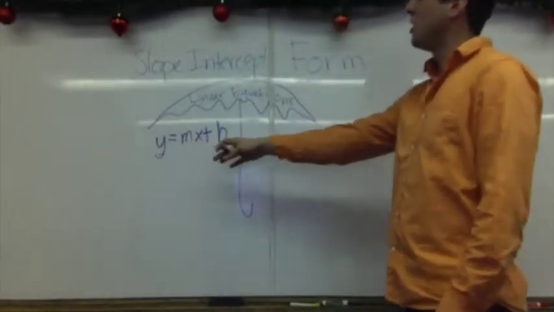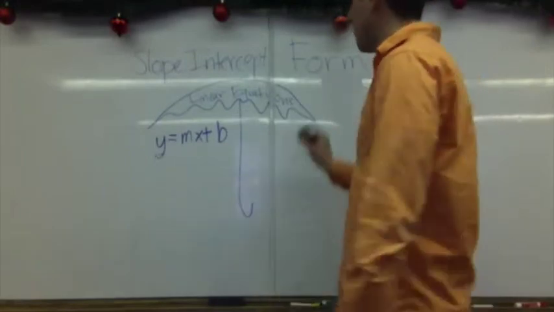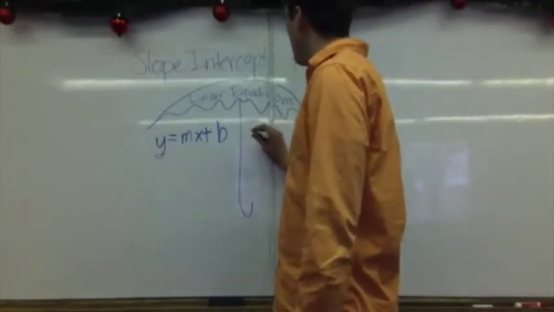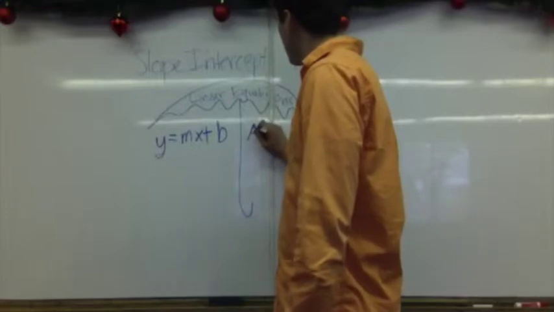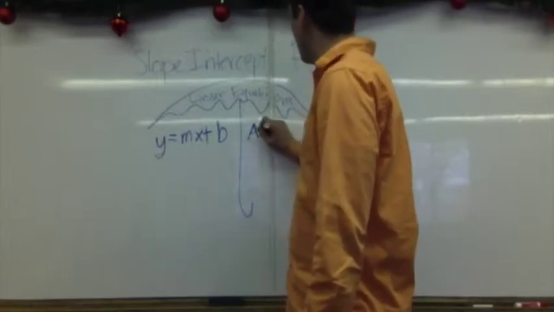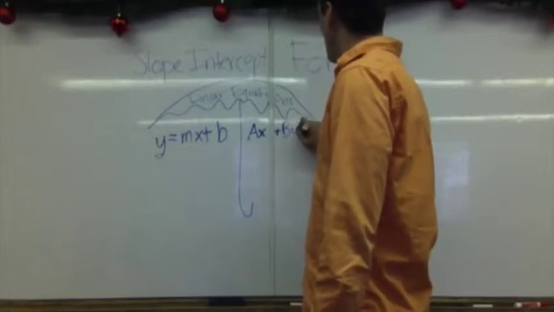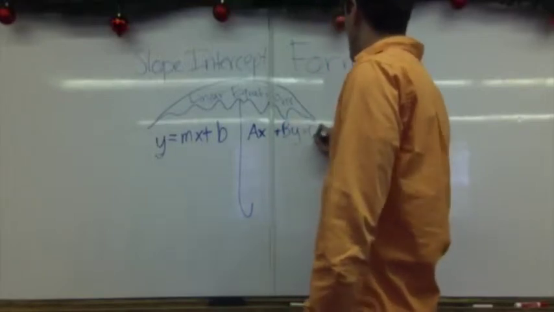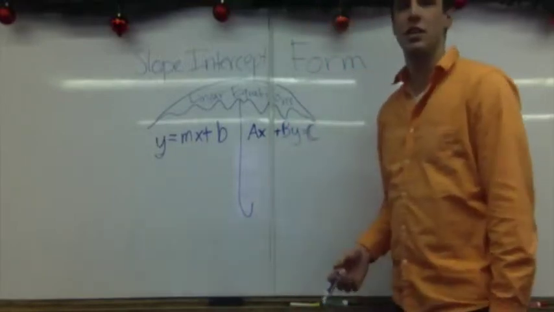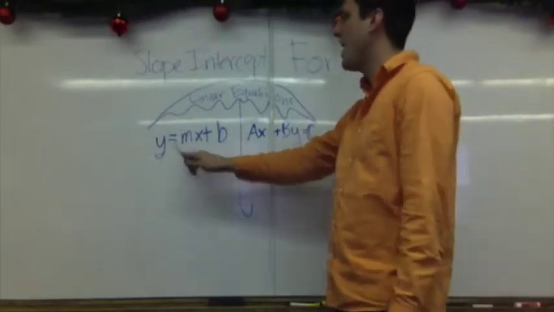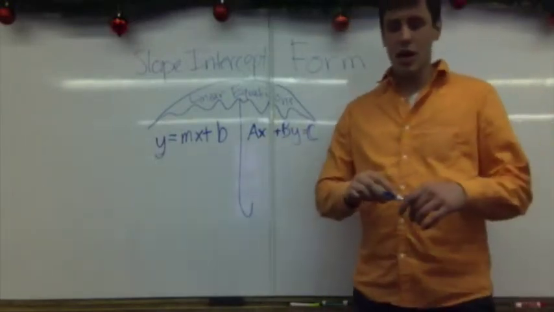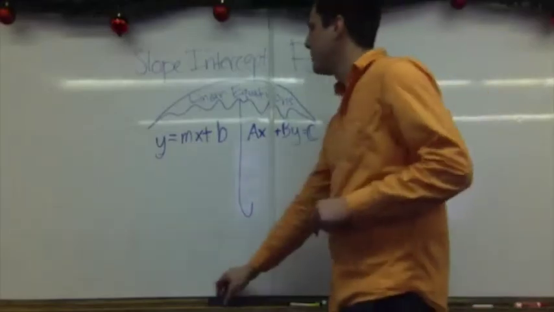The standard form is ax plus by equals c, and we'll learn about that in tomorrow's lecture. This is the one we're focusing on today, and we're going to learn something particular about it.